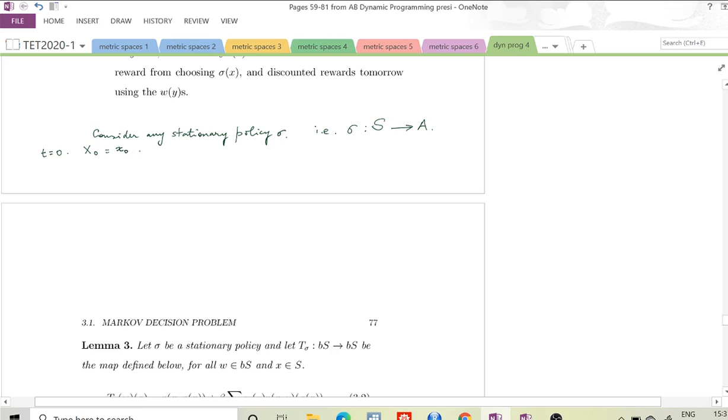Okay. So then, by definition, what is V sigma with current state x naught? It's equal to the expectation under sigma of the discounted present value of rewards given x naught is equal to lowercase x naught, right?